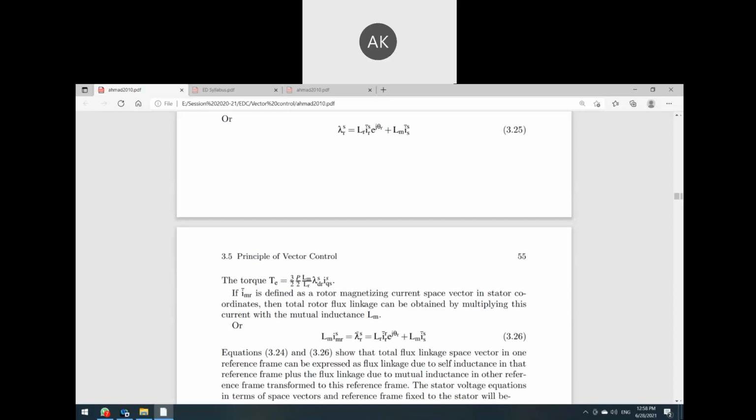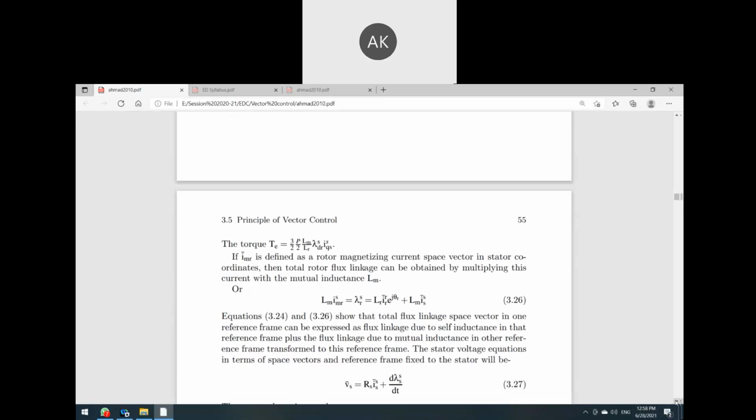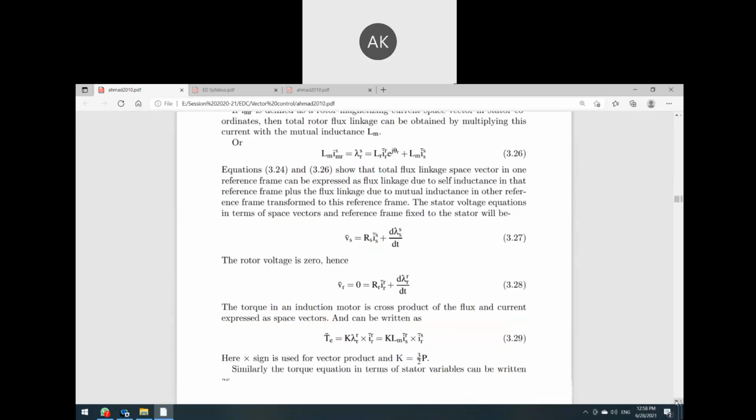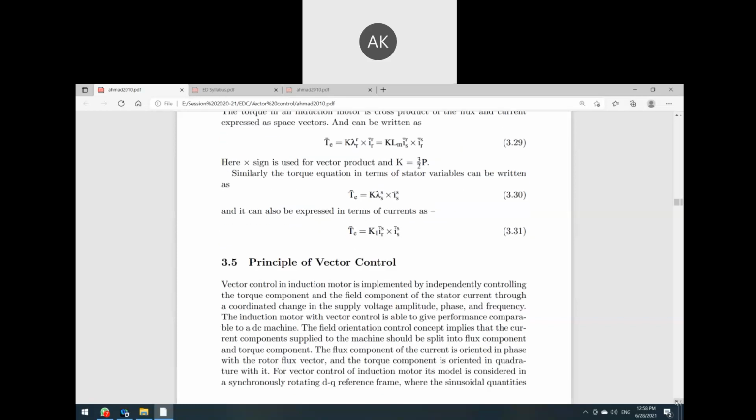And if we control the lambda d flux, then we can also control the torque. So these equations represent the torque and flux in terms of d and q axis current, stator and rotor current. So this is the transformation of the reference frame.